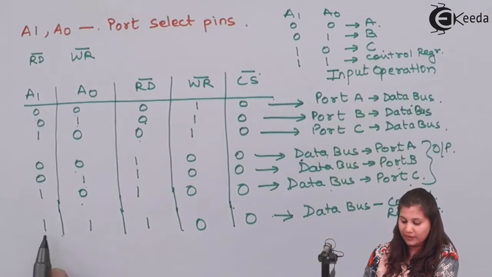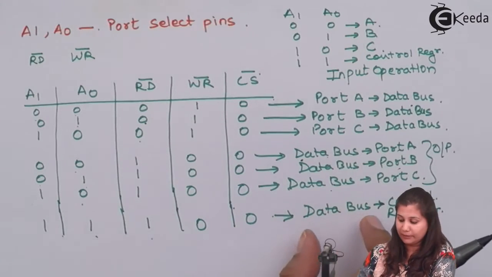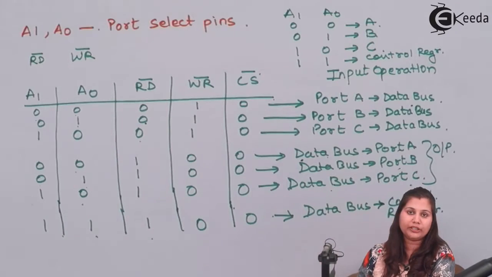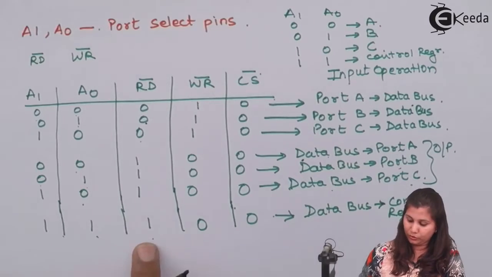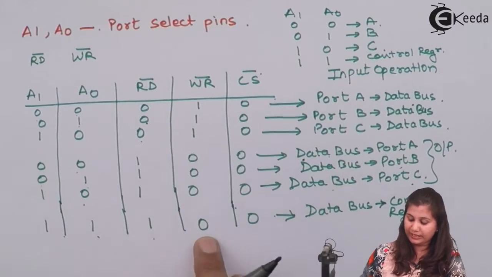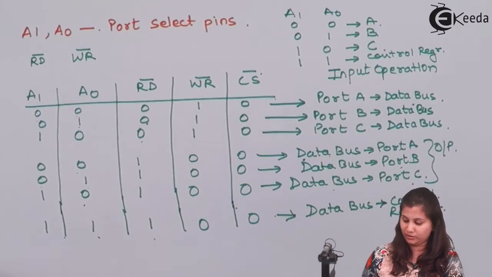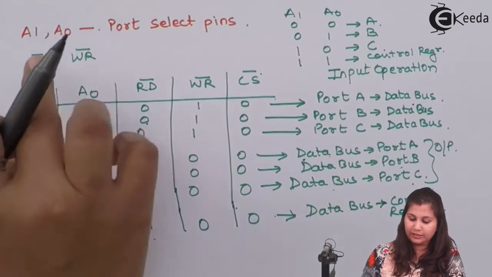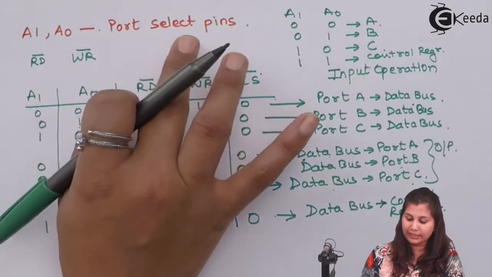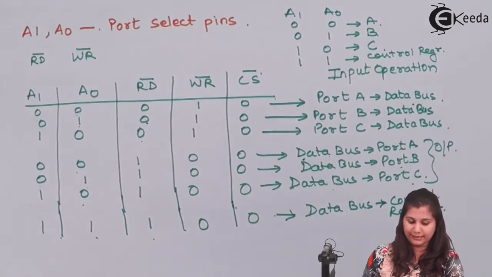Because read is 1 and write is 0, the data which is available on the data bus will be loaded into the control register. Okay, so we can say that these 2 port select pins are used to select the 3 ports A, B and C.